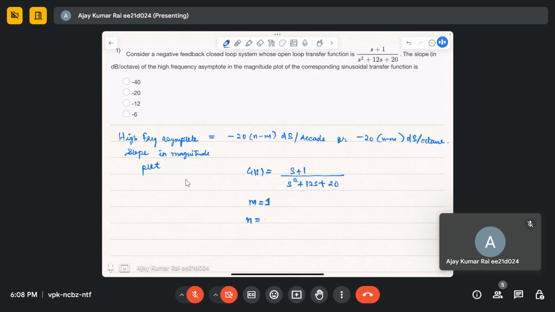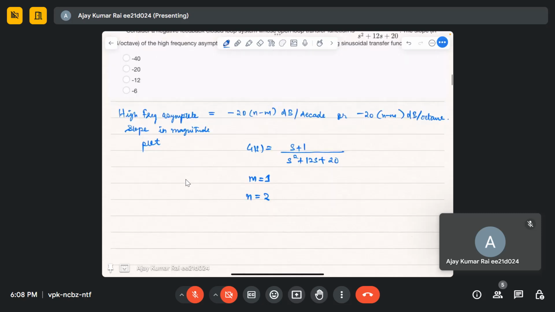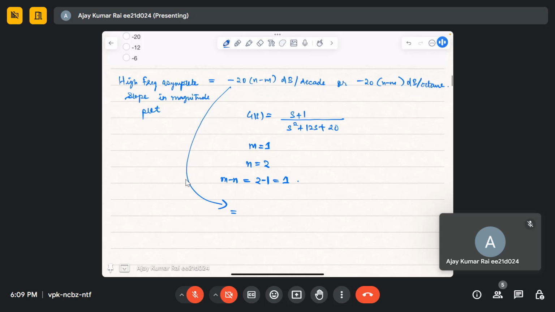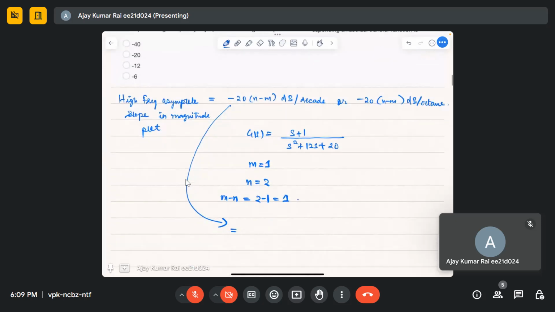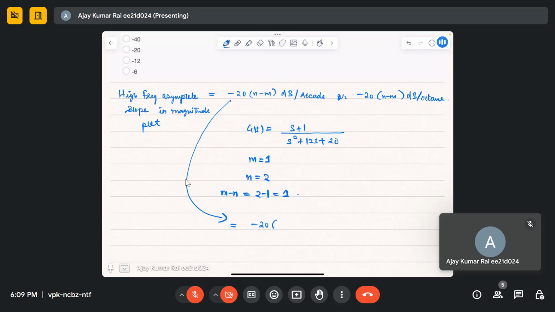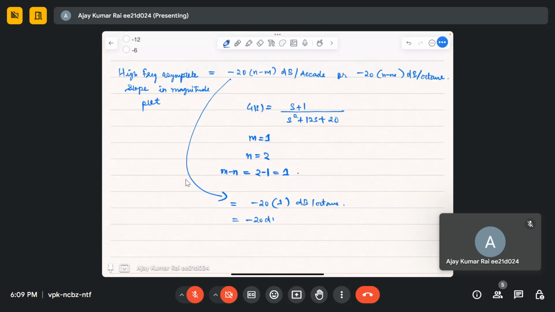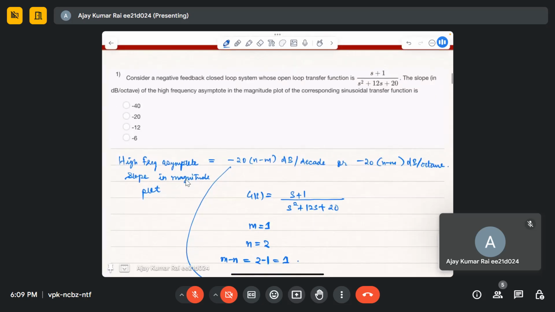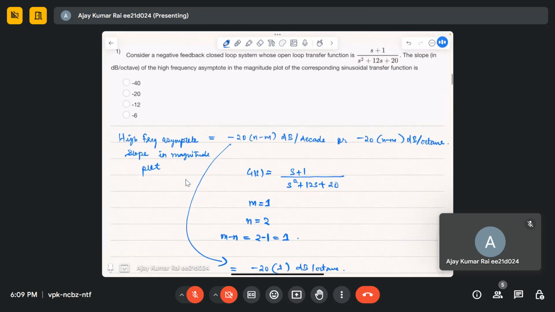So n is equal to 2, and n minus m is 2 minus 1, which is just 1. In this question we have to find the slope in dB per octave, so it is minus 20 times 1, which gives the slope for this transfer function. The answer is minus 6 dB per octave.